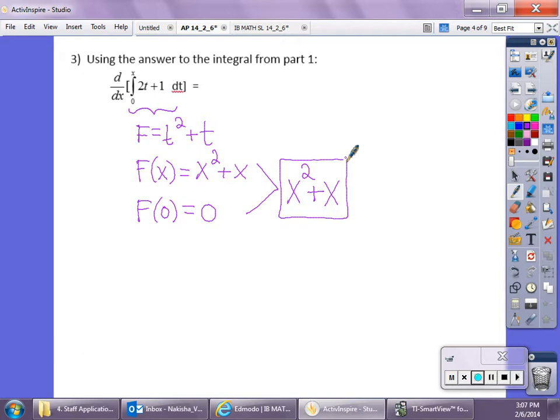So I did the inside of my brackets, so now I'm rewriting the problem. X squared plus x. And I end up with, taking the derivative of that with respect to x, 2x plus 1. Looks very similar to what we started with, only now I have x's in there.